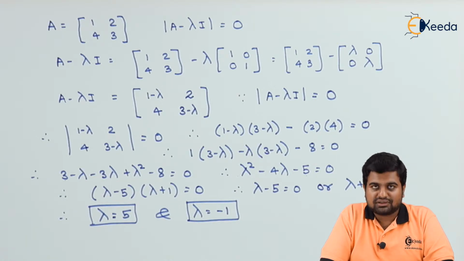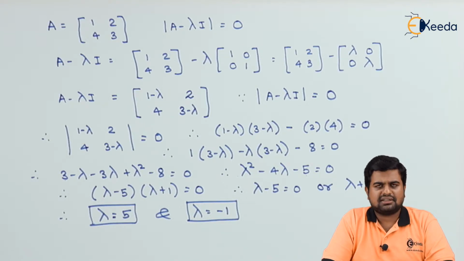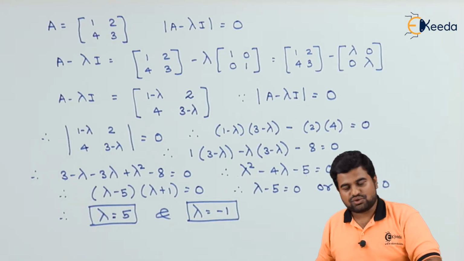Now let us move further and calculate the eigenvectors for these particular values. Each and every eigenvalue gives birth to a corresponding eigenvector. So let us consider case 1 as lambda is equal to 5.